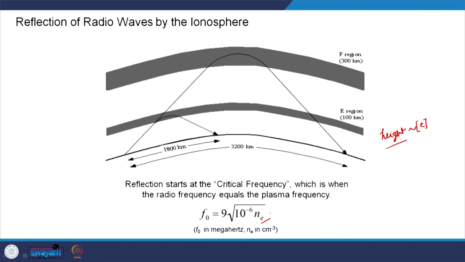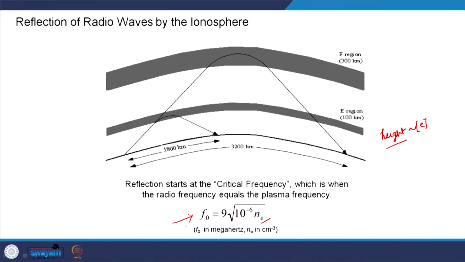This reflection can happen at the bottom of a particular layer or in the peak density region of a particular layer. It can happen anywhere, right. The criterion is that whenever this condition is met, just like resonance, whenever the radio wave frequency equals the frequency of the plasma, the ionosphere being plasma, the reflection will happen.